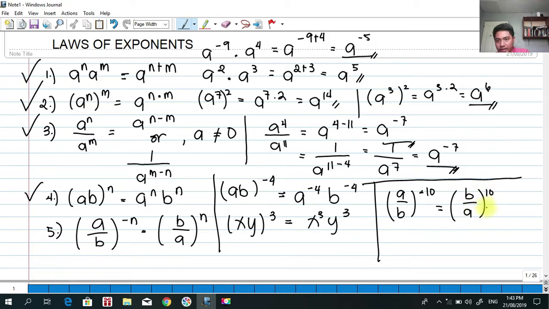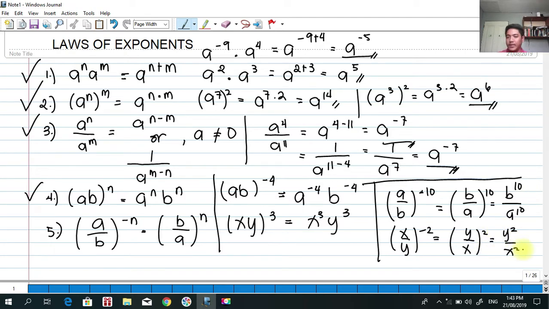We can therefore simplify this by the previous laws of exponent we have studied. This should be b raised to 10 over a raised to 10. Another one is x over y raised to negative 2. This is simply y over x raised to 2, so we have y squared over x squared.